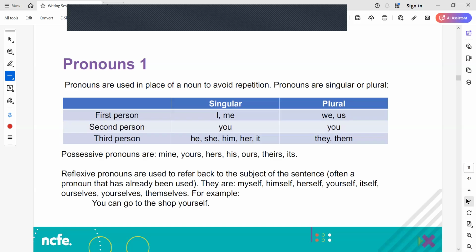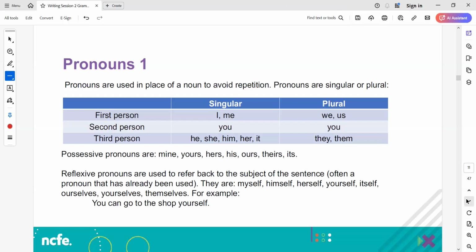So pronouns are used in place of a noun, as we saw in the video example, to avoid repetition, and they are singular or plural. And you can see the singular and plural forms there. So possessive pronouns, when you're talking about something belonging to somebody, we use mine, yours, hers, his, ours, theirs, or its.